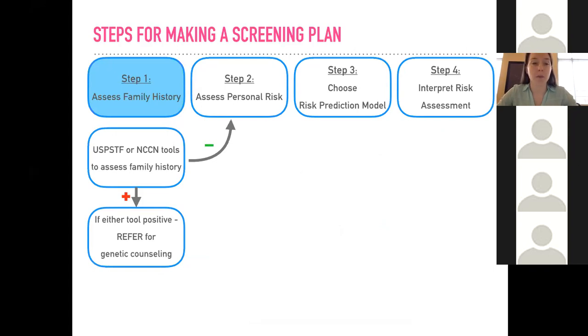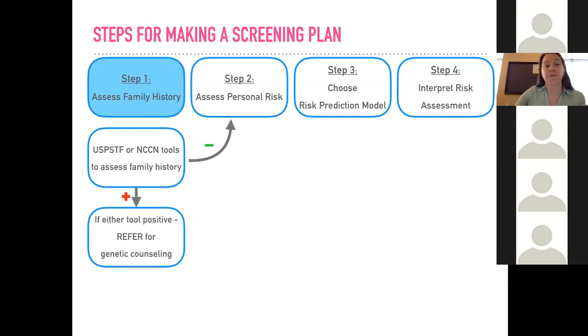I'm not going to go through one of them right now, because it's a bigger list of things, but the thing to know is that the NCCN tool is a little bit broader, so it will include details for more cancers, whereas I think the USPSTF tool focuses more on BRCA associated cancers. Either one is fine to use, and once you have that detail, you can use those tools.